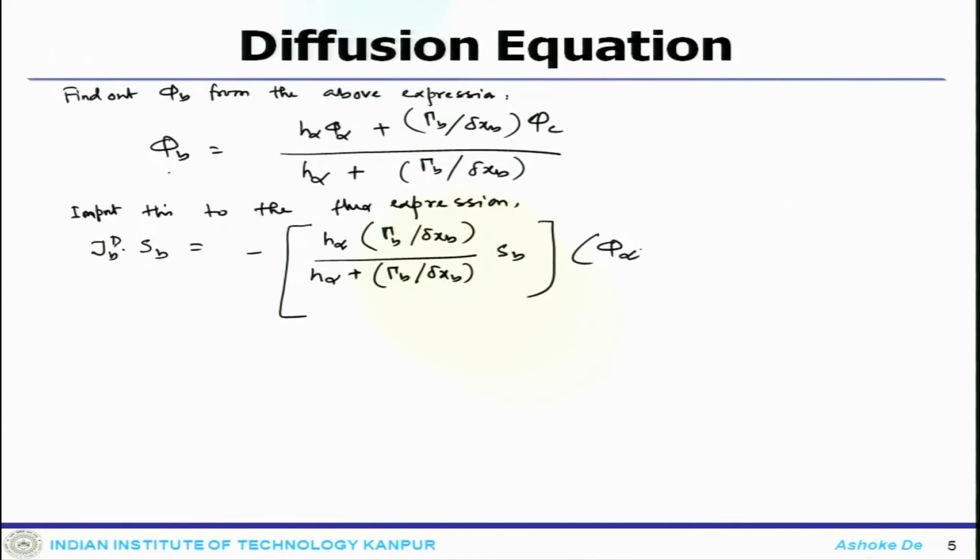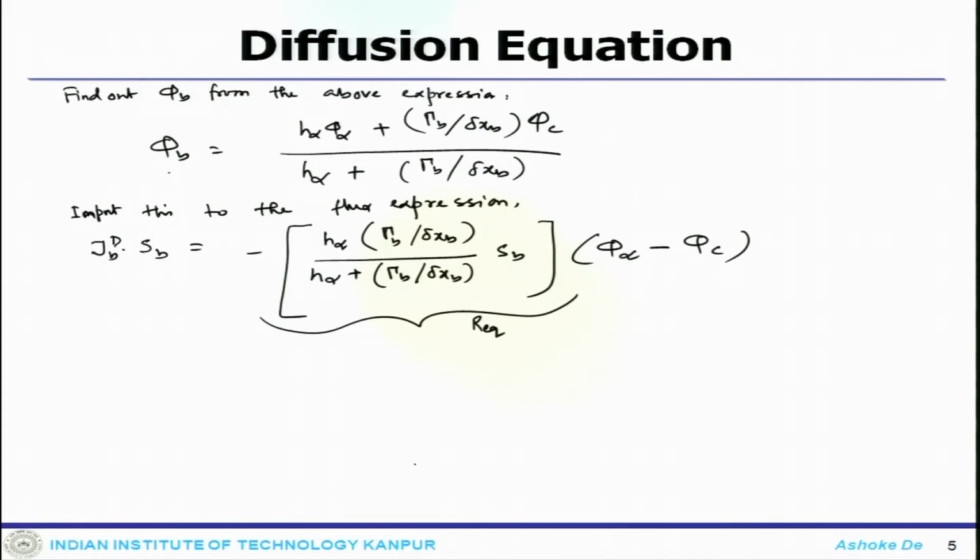into phi infinity minus phi C, and this particular term one can think about as a resistance or some sort of an equivalent resistance, and you represent this one as R eq.